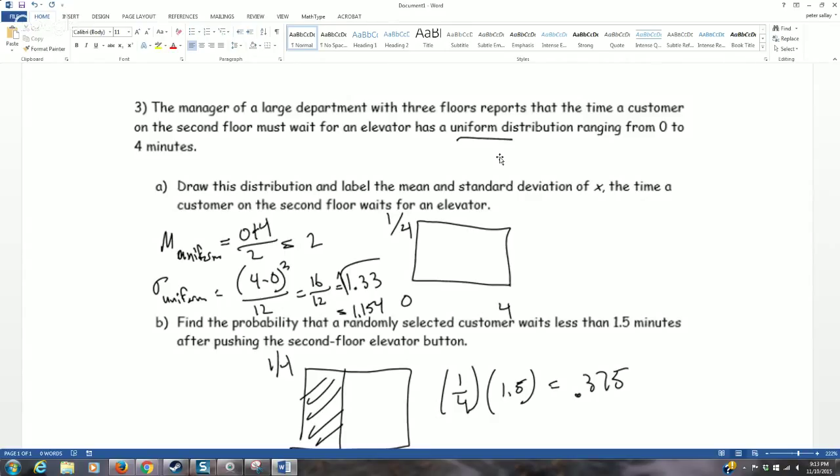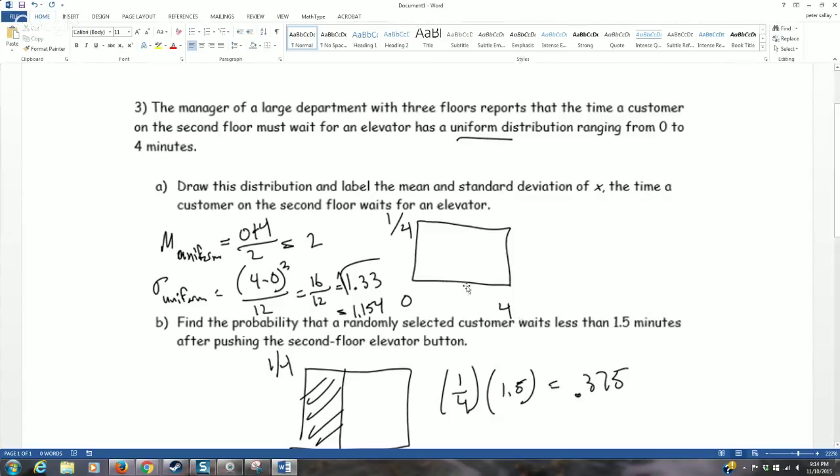So in a uniform distribution, we represent that using a rectangle. And I'm going to label the lowest value at the beginning here, which in this case is 0, and the highest value at the other end. It's not always going to be that way. Like, it's not always going to be 0 and then some other number.